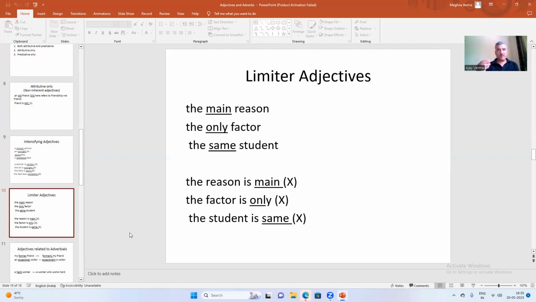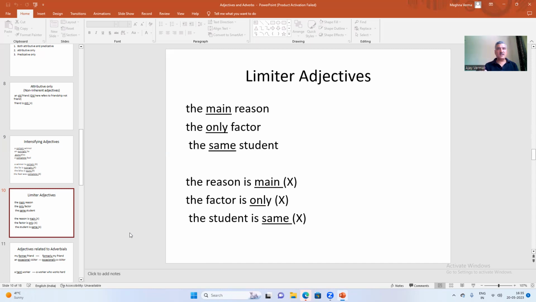So the main reason, the only factor, the same student. They restrict the reference and they also particularize the reference. So they have this particularizing effect. Main reason, the mukhya karan.